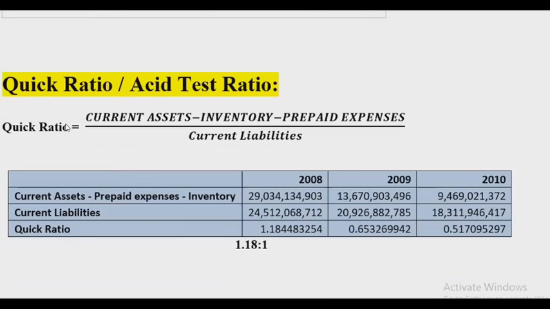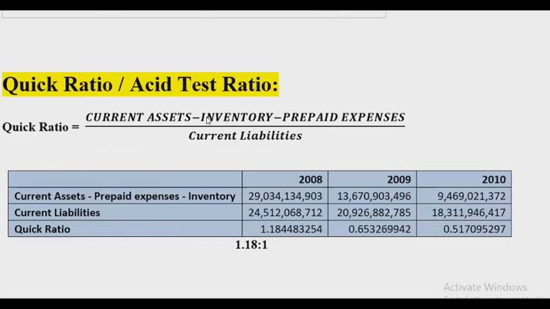Next is the quick ratio or acid test ratio. The formula for the quick ratio is current assets minus inventory minus prepaid expenses over current liabilities. So you may be thinking why we need to remove inventory and prepaid items from current assets.